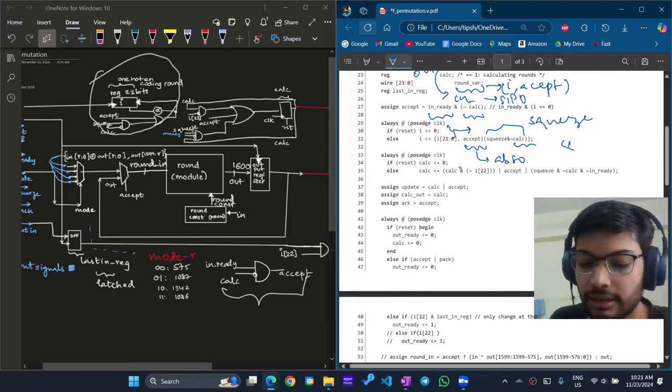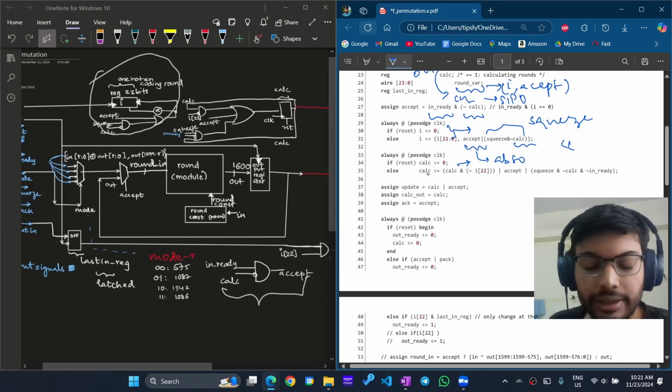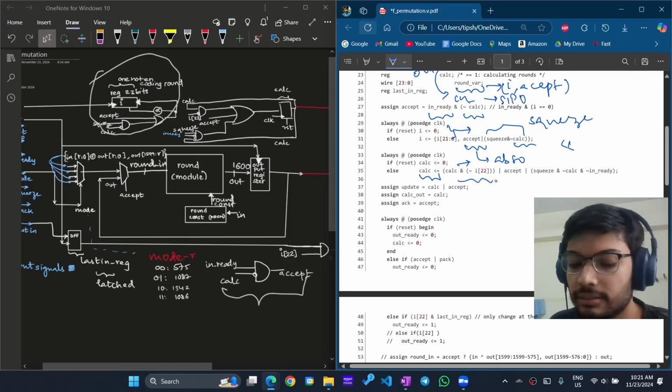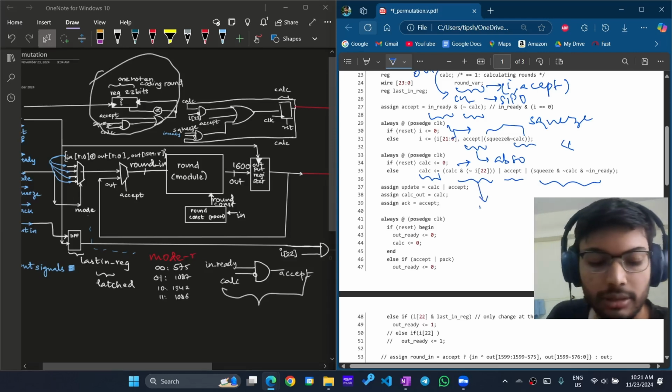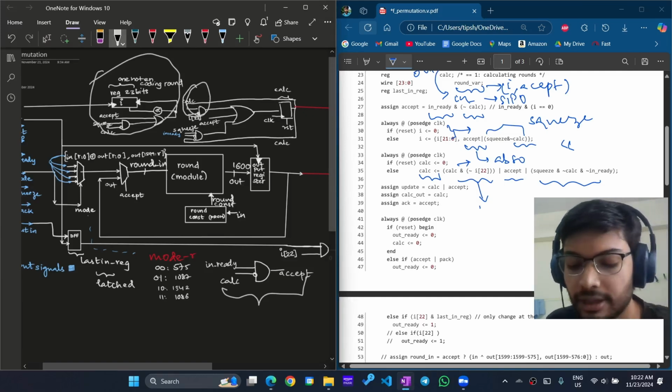We have calculate, which is first reset because it shouldn't calculate at the start, and then the calculate logic is based on these three conditions which are ORed. Calculate becomes 1 if it was calculating before and the last round wasn't performed yet. That is set by this block, which is given here in the block diagram.